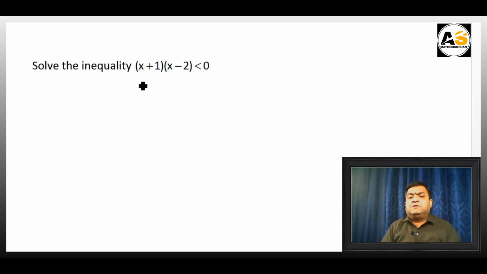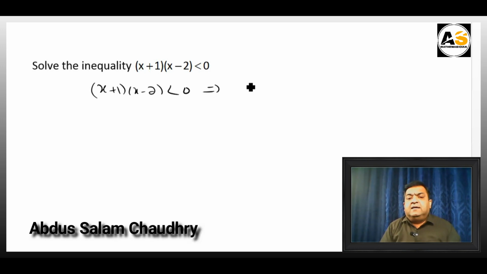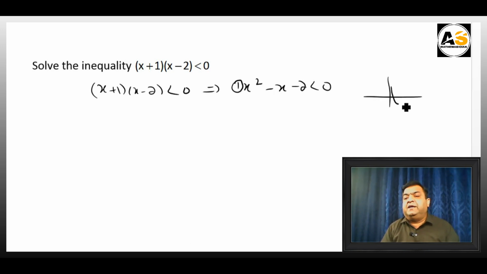Solve the inequality (x plus 1)(x minus 2) is less than 0. If we carefully observe, (x plus 1)(x minus 2) is less than 0 implies x square minus x minus 2 is less than 0 if we multiply it. I just want to tell you that the coefficient of x square is positive, so this is the graph of the first kind.